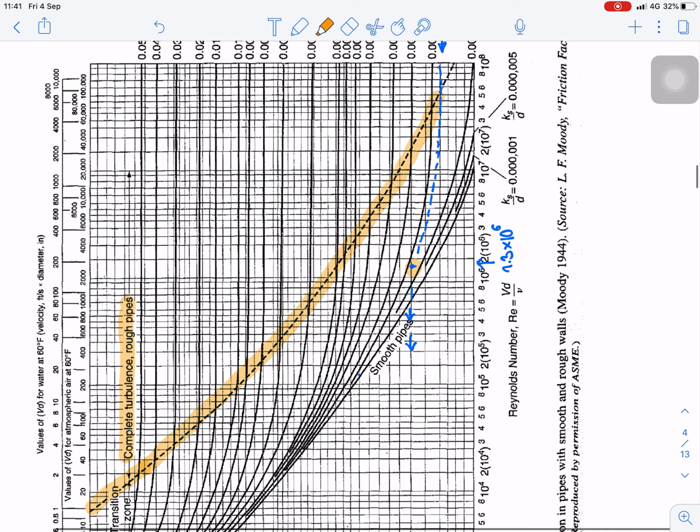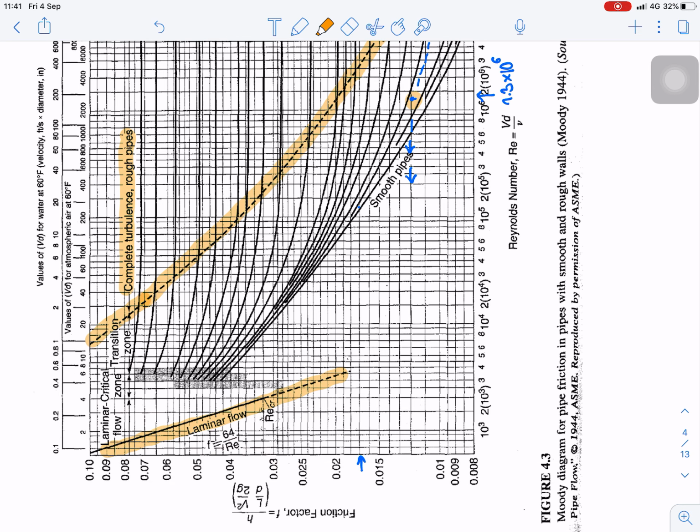It's matching points here, so we can read this as about 0.012.